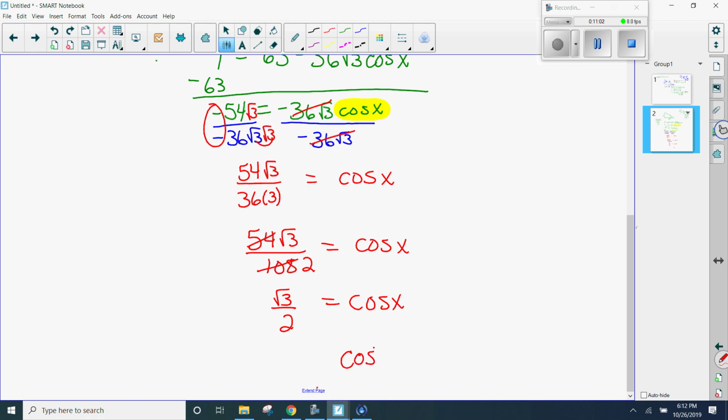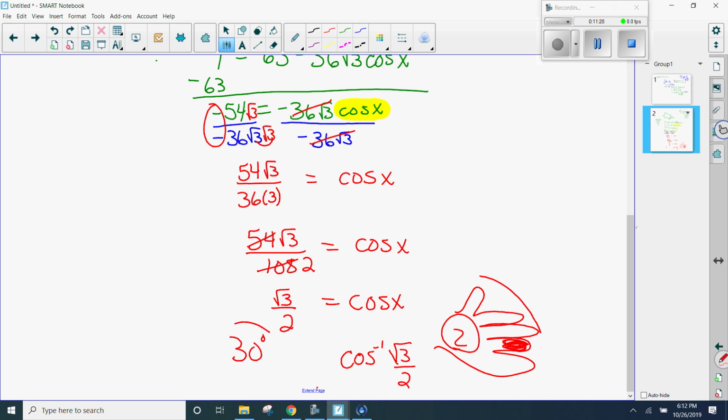That's the same thing as the inverse cosine of radical 3 over 2. If you resort back to your finger trick, here's your 2. You want cosine, which is the top, so you want radical 3 over 2. You fold in that ring finger, and that's 30 degrees. So your answer becomes 30 degrees.